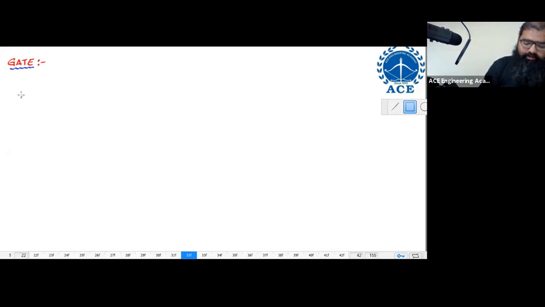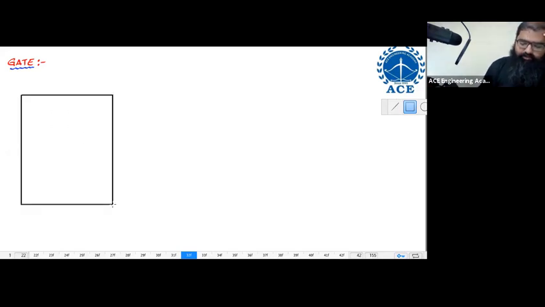Imagine, let us say you're having a particular container. There are two fluids in this container. One second, please. Let me complete the diagram.